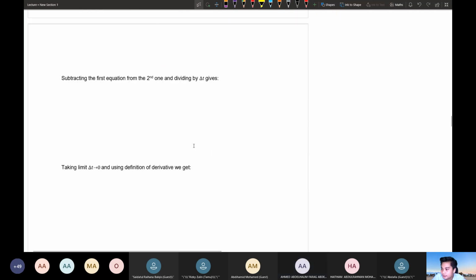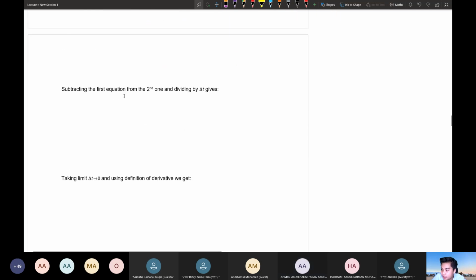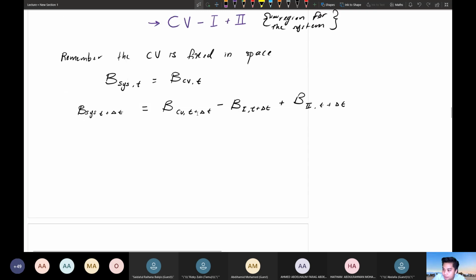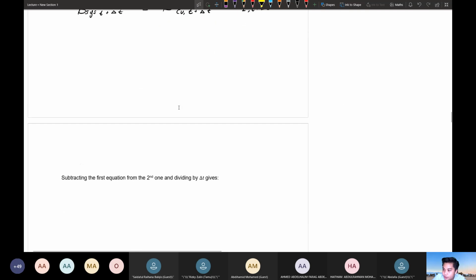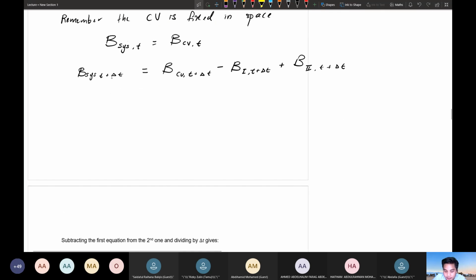So, subtracting the first equation from the second one and dividing by delta t. From the second equation, you need to minus the first equation. Let's say this is equation 1 and this is equation 2.